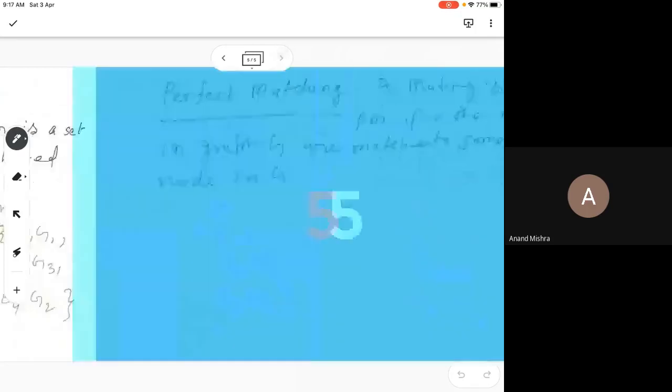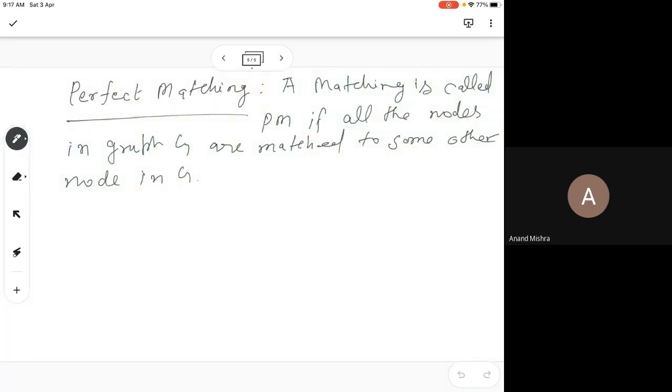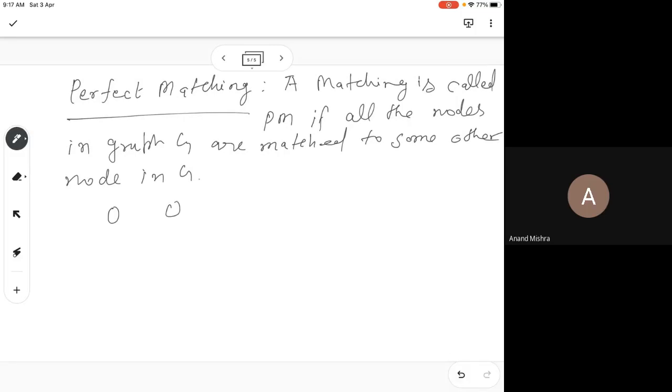But there can be a scenario where perfect matching can happen, right? For example, if I take a very simple graph like this, one can find perfect matching here. Let me call the nodes A, B, C, and D. So this is a graph, right? In this graph, I can have a perfect matching. What can be the perfect matching? Anyone?